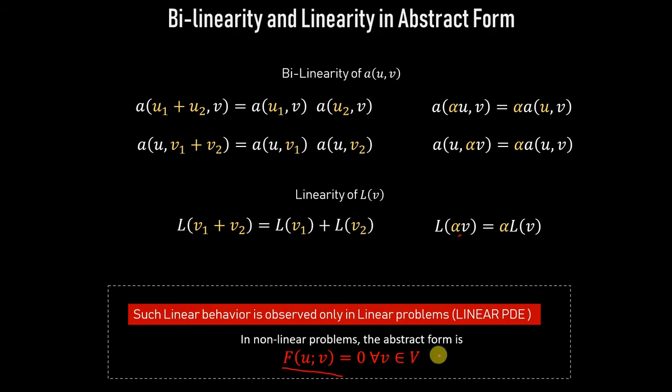You'll be getting some F(u, v) equal to 0, some random collection of u and v integrals and various other stuff. So you won't be getting a nice linear abstract form of your PDE. This abstract form is applicable only to linear PDEs. In this series we'll be discussing only linear ones, so you need not worry about this. Just consider that the weak form can be represented in this abstract form.